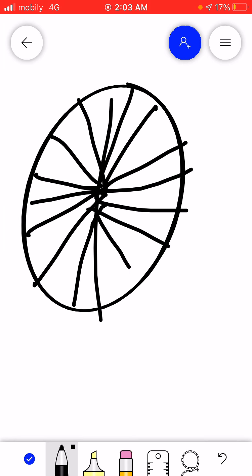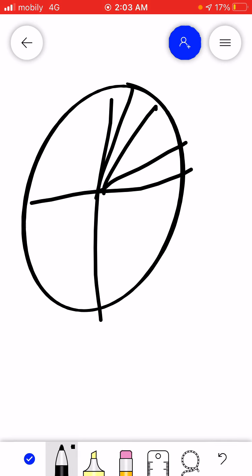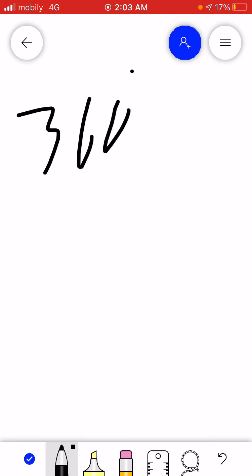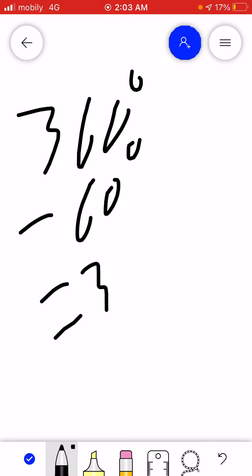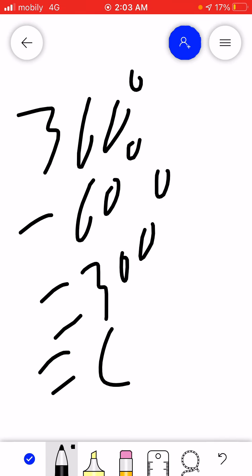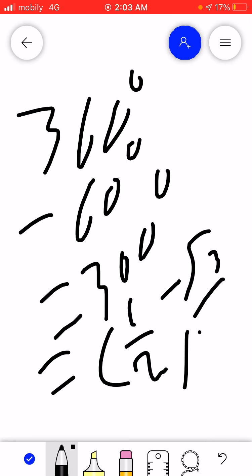Now we need to understand 60 and 360, all right? How to understand 60 is basically 360 degrees minus 60 degrees, which is equivalent to 300 degrees, and that's equivalent to half, because the cosine is positive, and negative root 3 over 2, because the sine is negative, or the y-axis is negative.